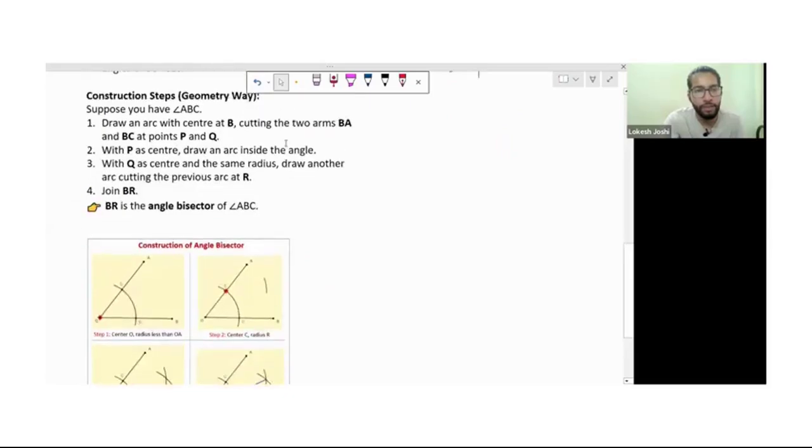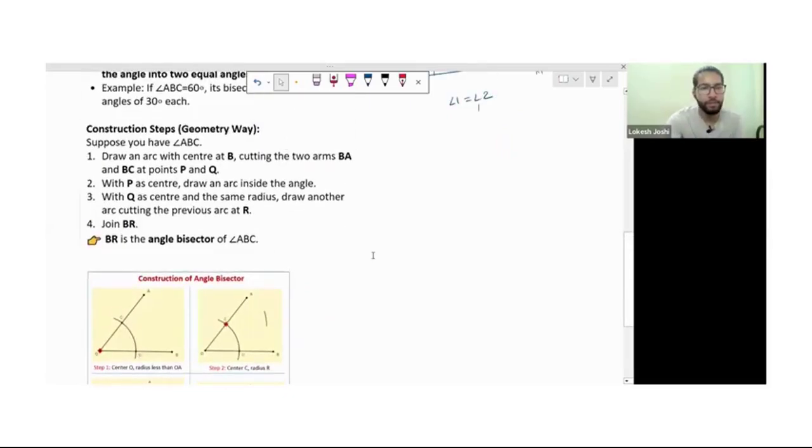Now there is the construction given, how we can construct them. First of all, suppose you have angle ABC. So let me draw.